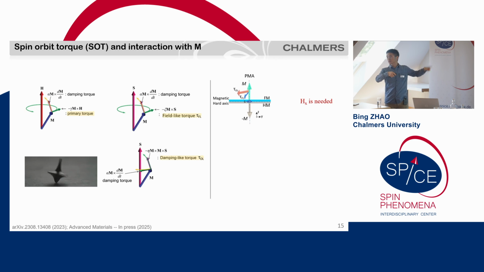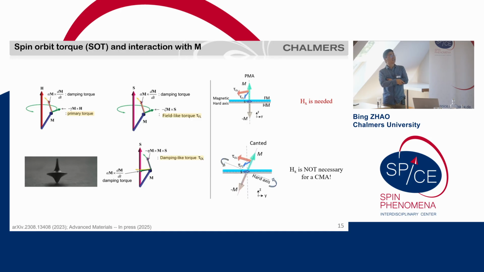It will not go to the other direction. This is called the non-deterministic case. You need an additional field to switch it to the opposite direction. This is a typical limit, and for real applications, an external field is usually not preferred.